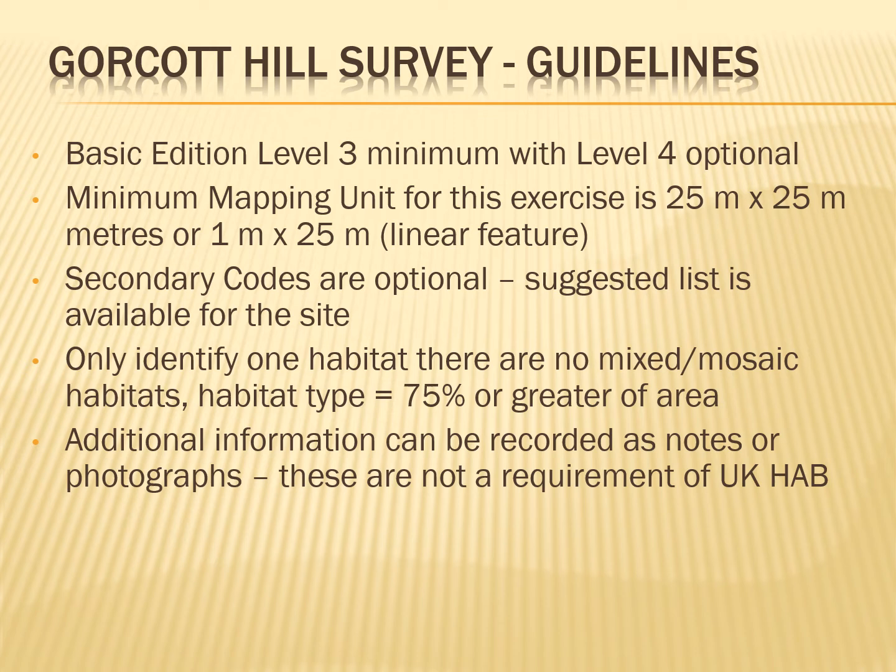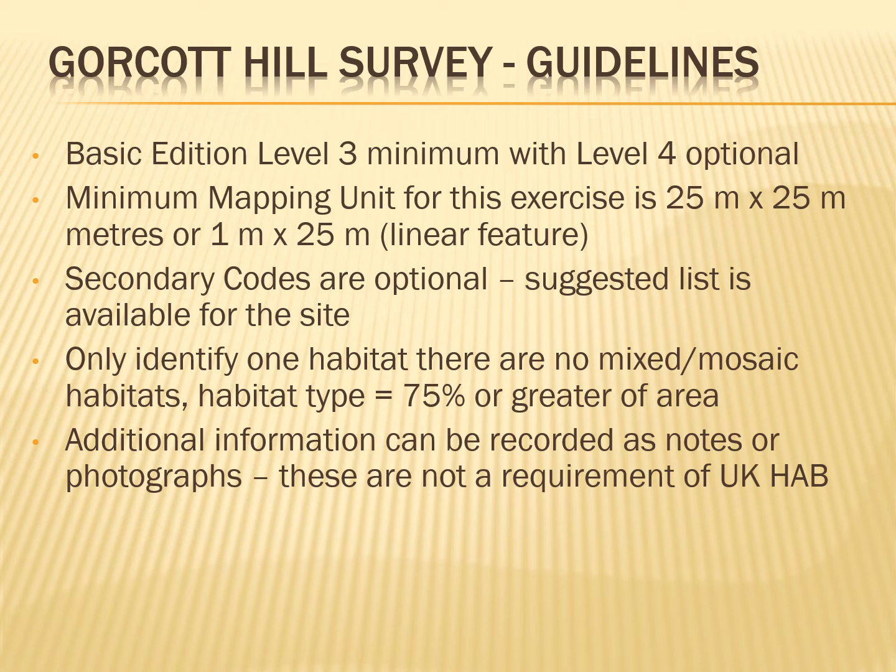The basic rule of thumb is to survey woodlands in the spring, grasslands late spring to mid-summer, and wetlands into the early autumn. For the exercise on the day, I've suggested a minimum mapping unit of 25 by 25 square meters because of the time available. There will be some secondary codes which will be optional and worth trying out to understand how they can be used and applied in the method.